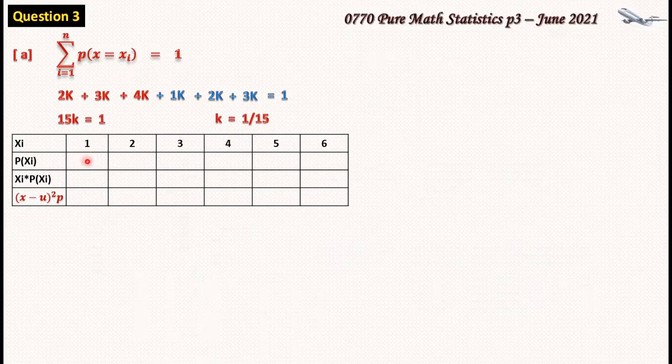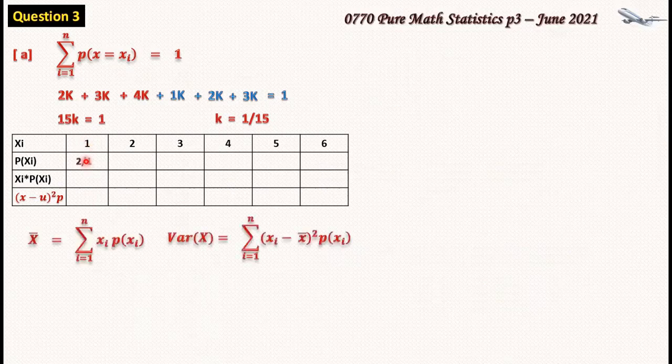Here, when x is equal to 1, we will have k into x plus 1. The x is 1, so 1 plus 1 is 2, and 2 times k is 2 on 15. When x is 2, 2 plus 1 is 3, so 3 times k is 3 on 15.